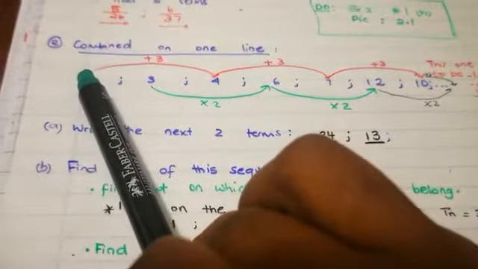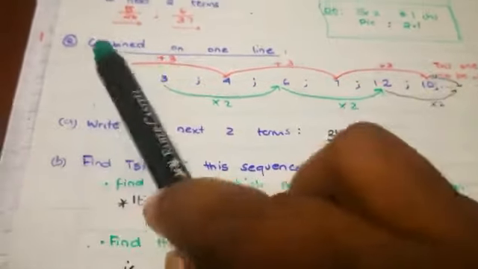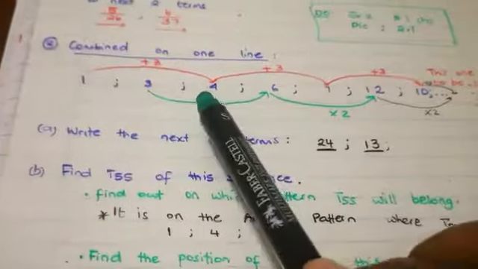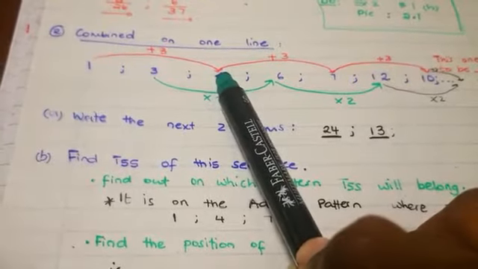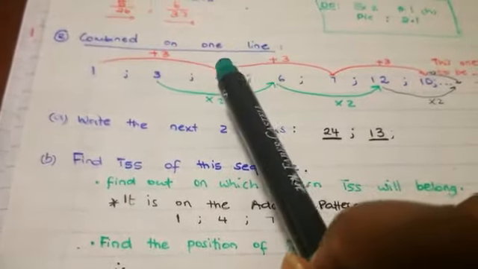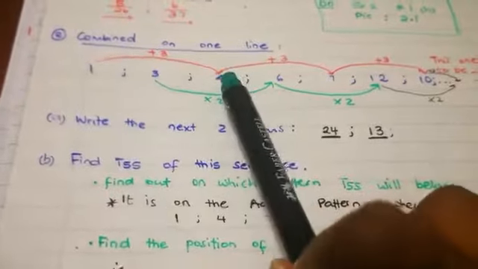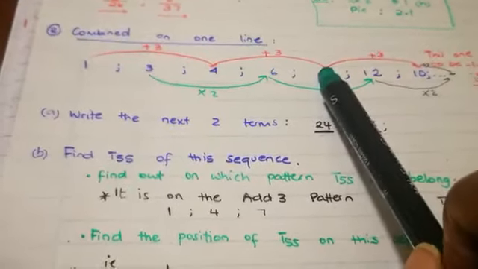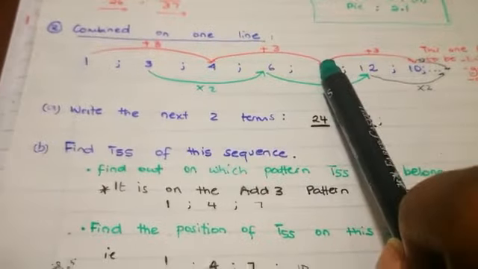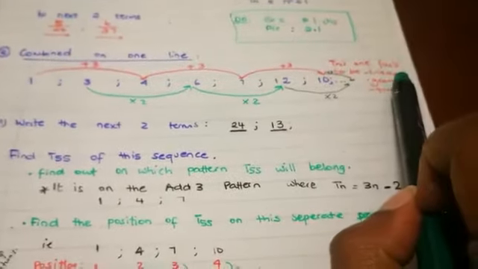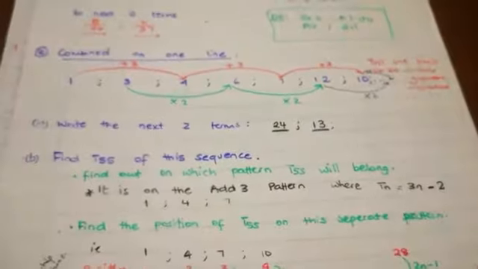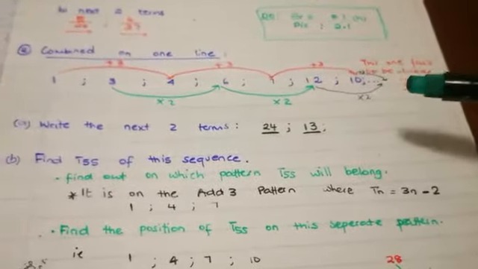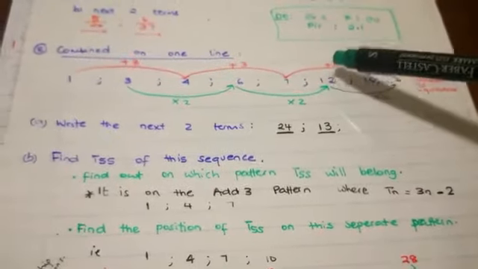What do I mean by that? This one is position 1 in the red sequence, which is still position 1 of the main sequence. This one is position 2 of the red sequence, but it is position 3 of the main sequence. This one is position 3 of the red sequence, but it is position 5 of the main sequence. So term 55 would be a position that is less than 55 of the red sequence, and we need to find that position.